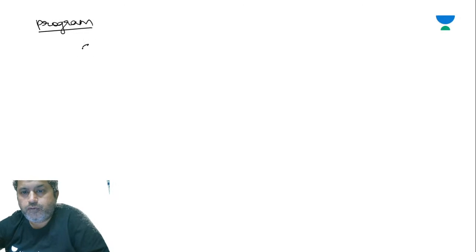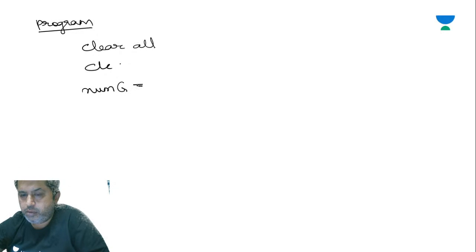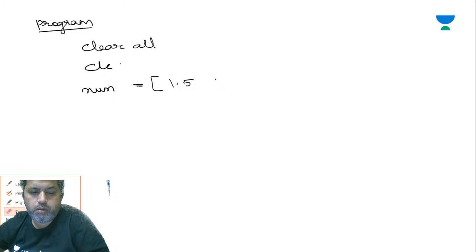So first of all, clear all, clc. num equal to, instead of G I will write simply numerator equal to, see the function, 1.5 is s coefficient, 1.